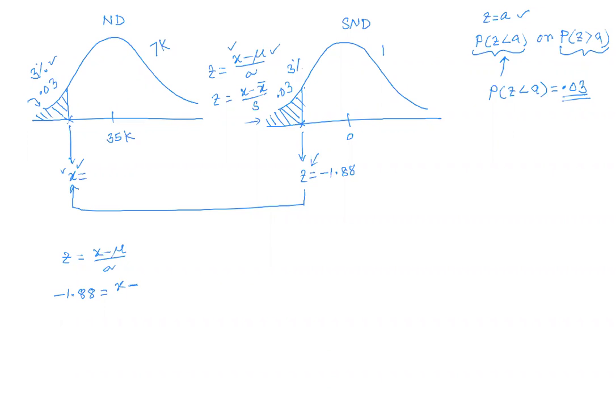Negative 1.88 is equal to x minus mu, mu is 35K, so 35,000, divided by sigma, which is 7,000. So you multiply both sides by 7,000.